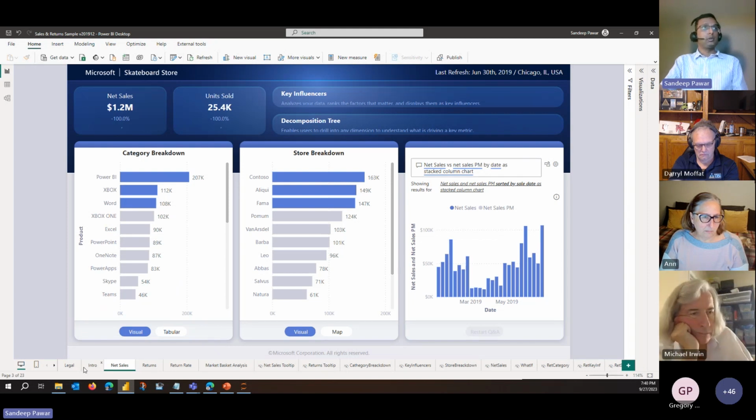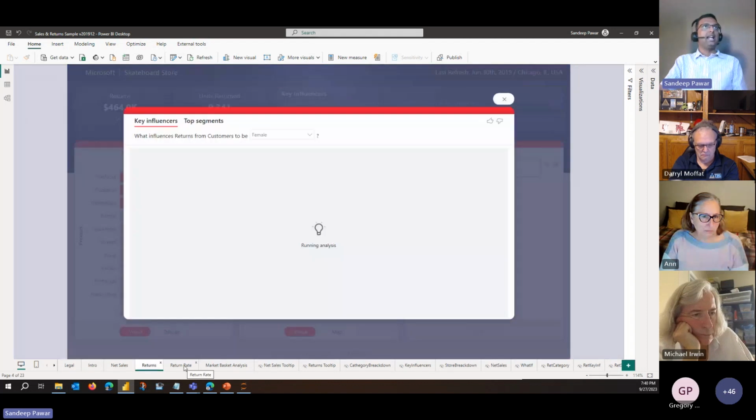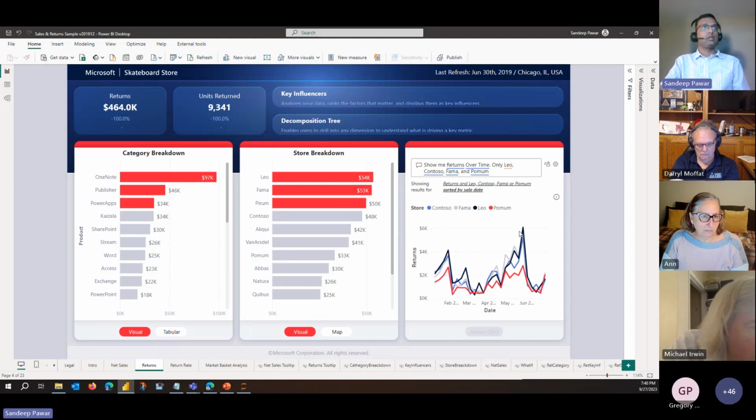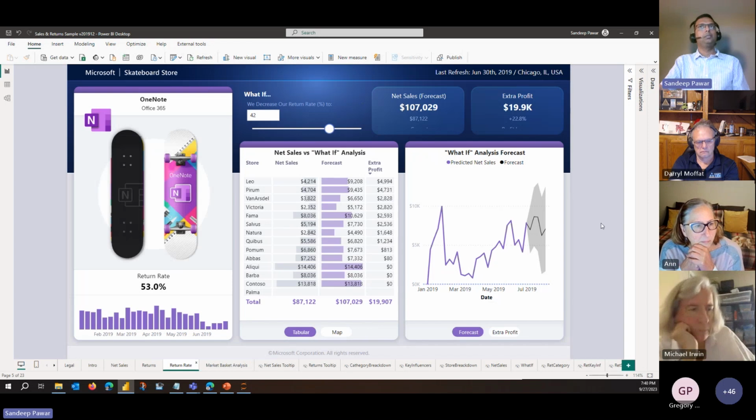This looks nice. I don't know if I'll ever be able to create something as nice as this. This takes a lot of effort, with lots of bookmarks and really nice themes and colors, and everything looks really glitzy and very sexy.